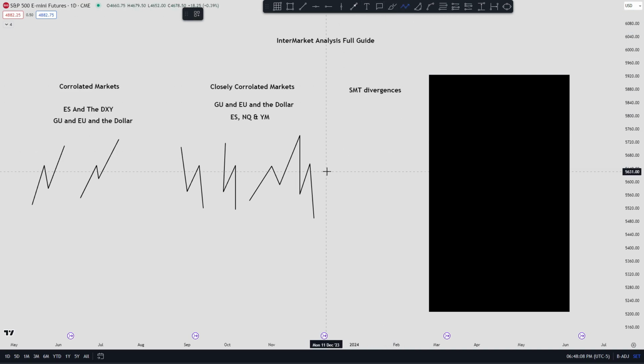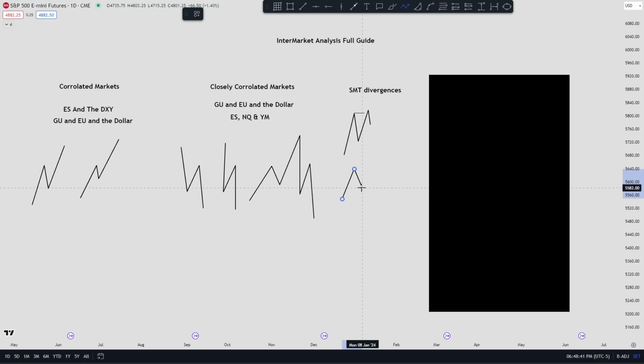An SMT divergence is simply a divergence between closely correlated markets, meaning that, let's say this is the ES, we have a high here, ES takes out this high. Then we have the Nasdaq.